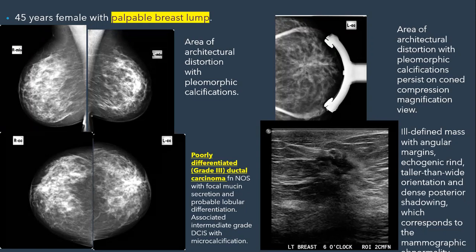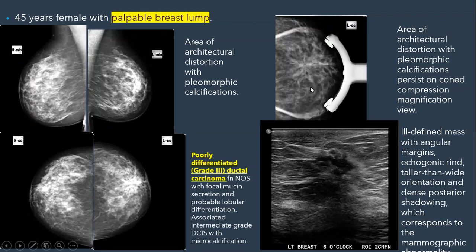So if the patient has a palpable abnormality, that is why we put it for analysis, to make sure there is an architectural distortion, along with other measurements to look at the clinical findings. Clinical is essential, very essential. Since the patient has a palpable abnormality, we have to consider any subtle changes. Here, at the same area of the palpable abnormality, there is an architectural distortion with pleomorphic calcifications.